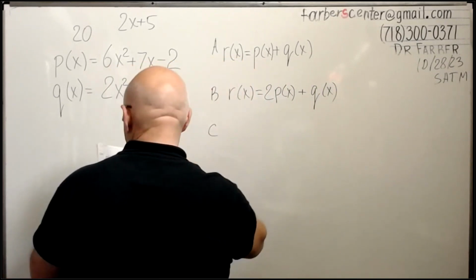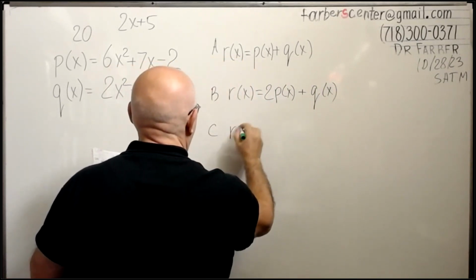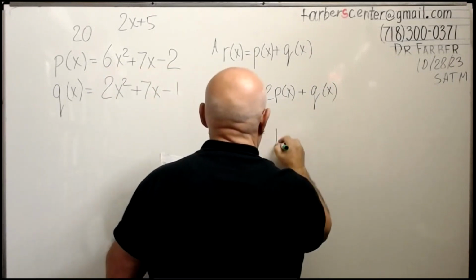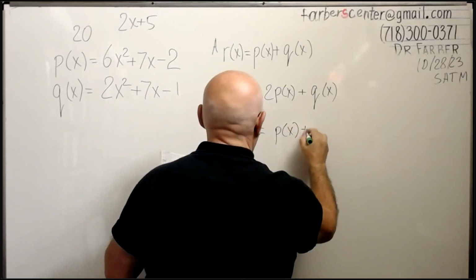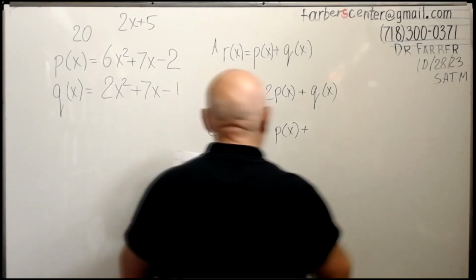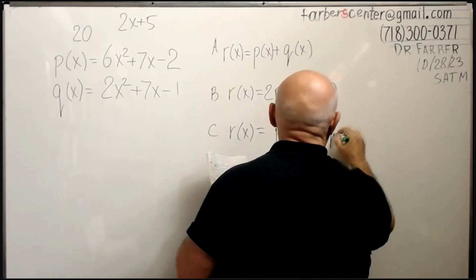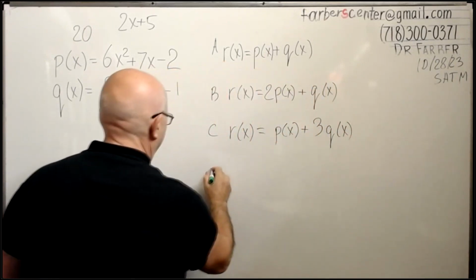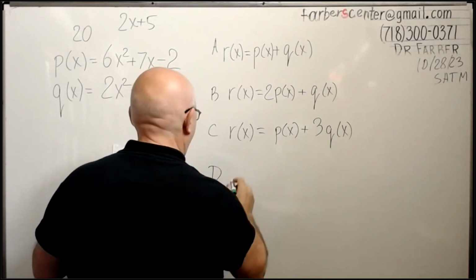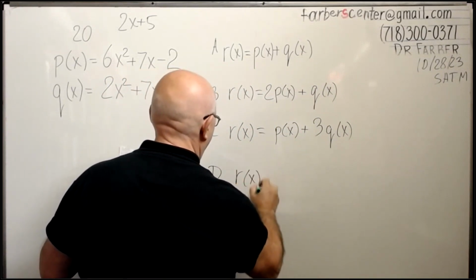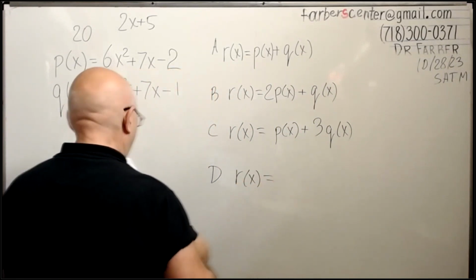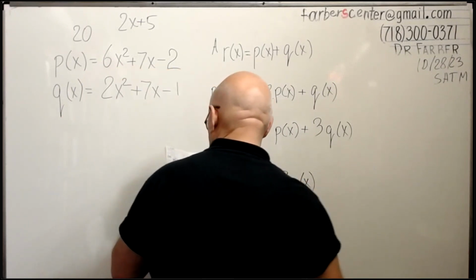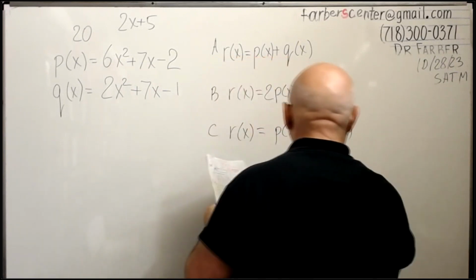C, r of x equals p of x plus 3q of x. And D, r of x equals 2p of x plus 3q of x.